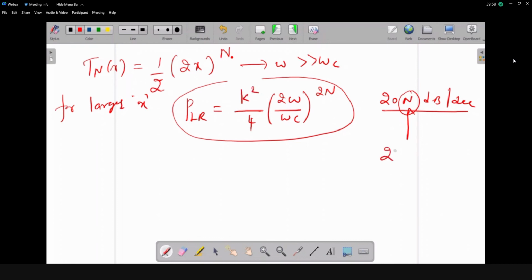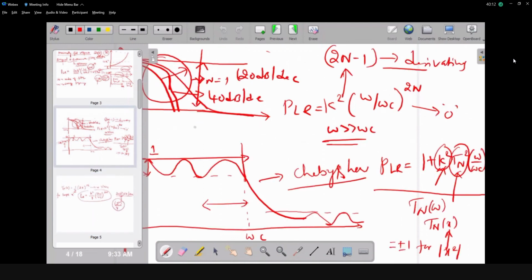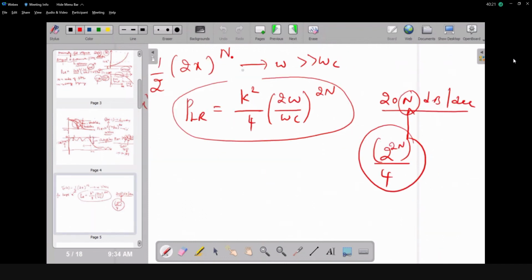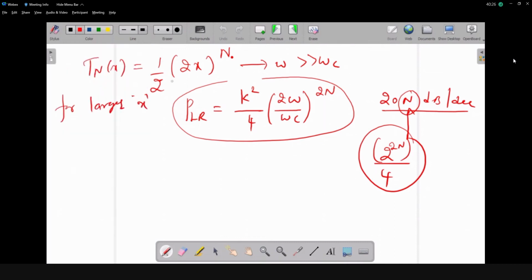The insertion loss, the attenuation variation in this response, will be 2 power 2n divided by 4, which is greater than the binomial response we mentioned earlier.